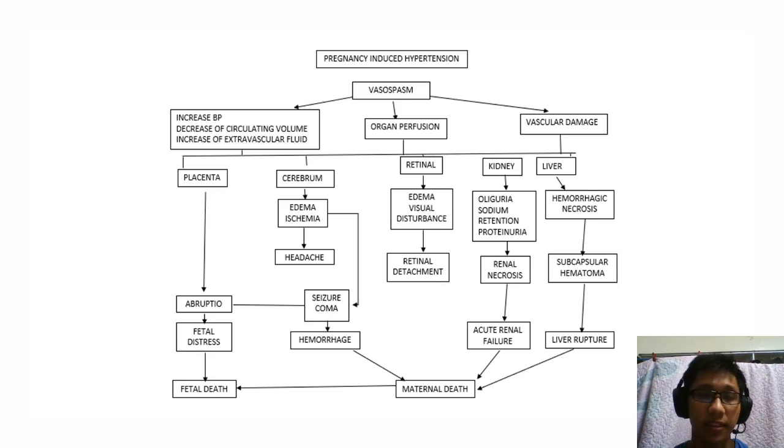Next one is retinal. For this part, the patient might get edema or visual disturbance, which would lead to retinal detachment.